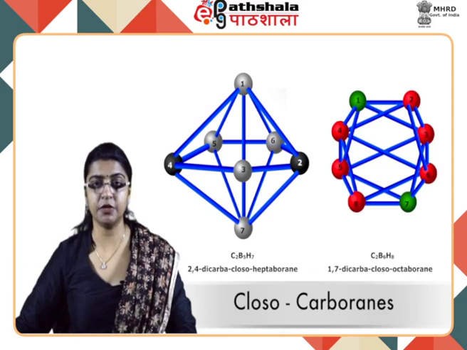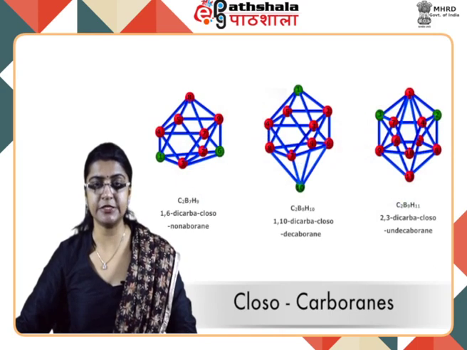closocarboranes. Look at another example, 1,7-dicarba-closooctaborane having the formula C2B6H8. Here also we have 8 vertices occupied either by boron atoms or by carbon atoms, giving a closed polyhedra and hence the name closocarborane.